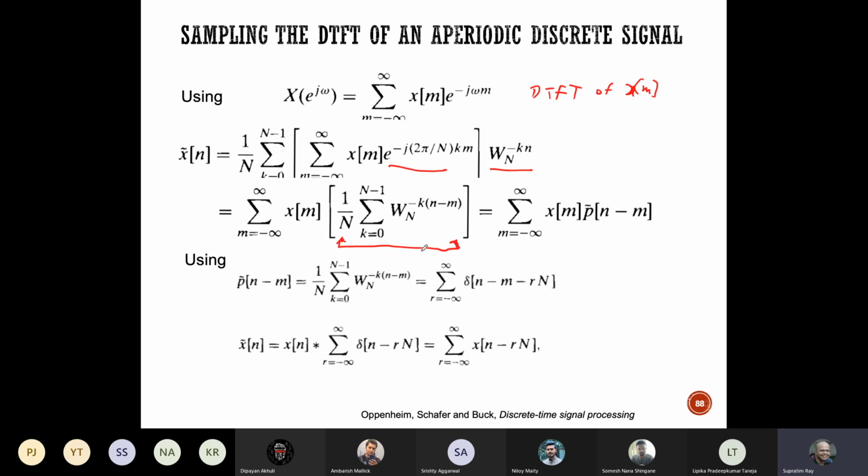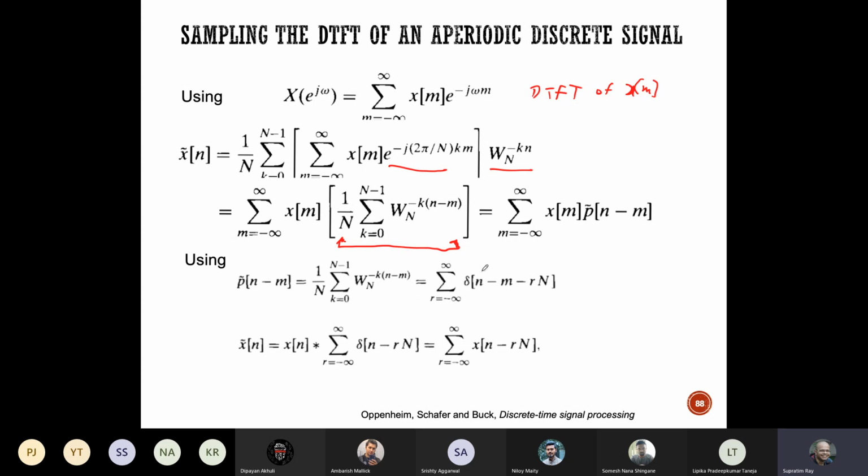This thing here is just the impulse train. So all I'm doing is actually convolving my signal with this, which will then make infinite copies of itself. When I convolve it with a delta function shifted by n, it just puts a copy there. Okay, so we will go through this proof again.